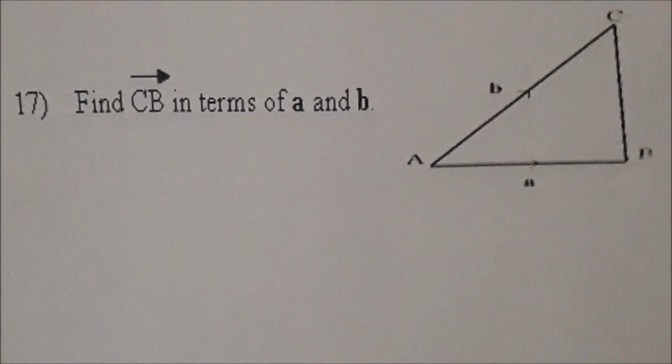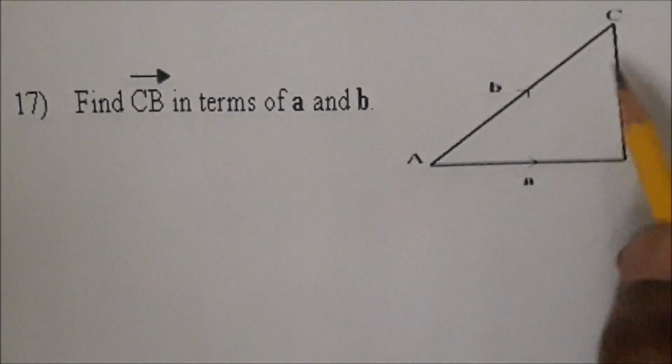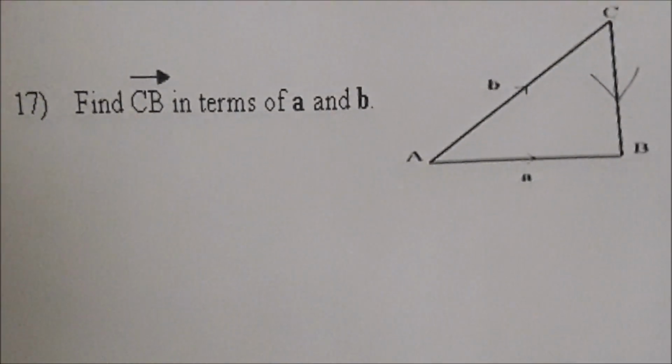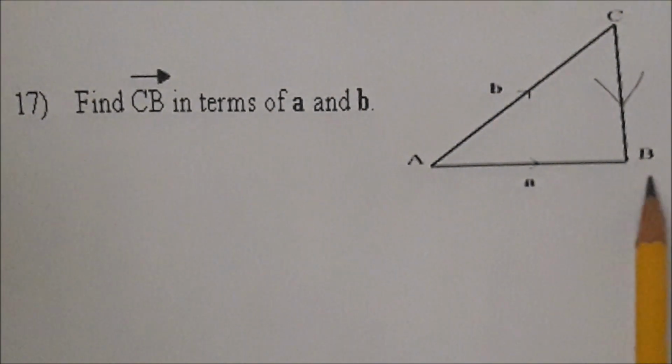Number 17. Find vector CB in terms of vector A and B. Okay, go ahead. How are we going to work it? It's important for us to find vector CB, drawing the arrow to show the direction between the tail and the head. So which one is the tail?